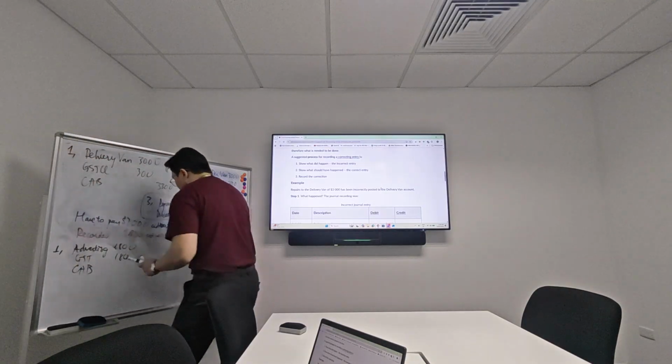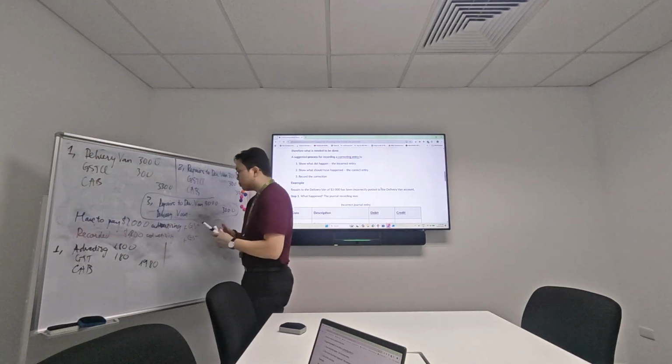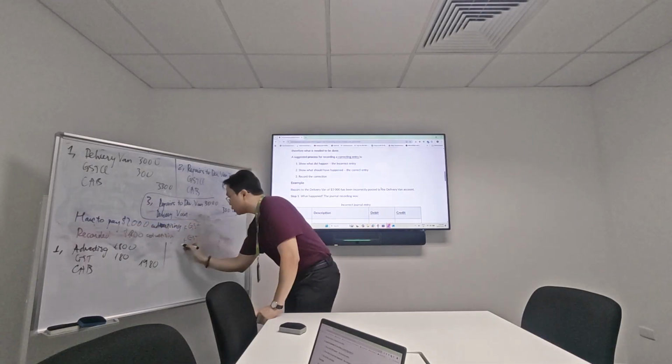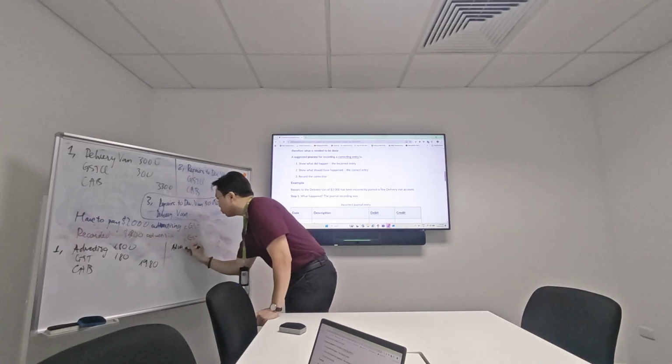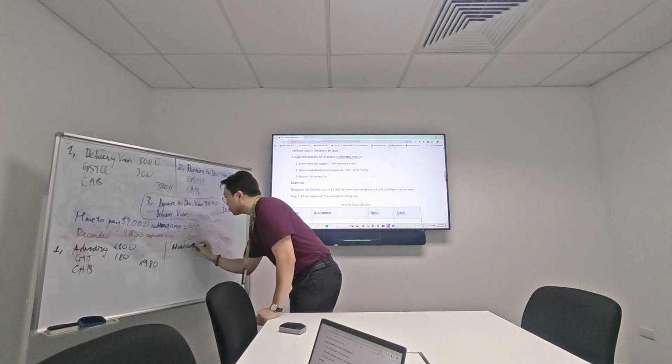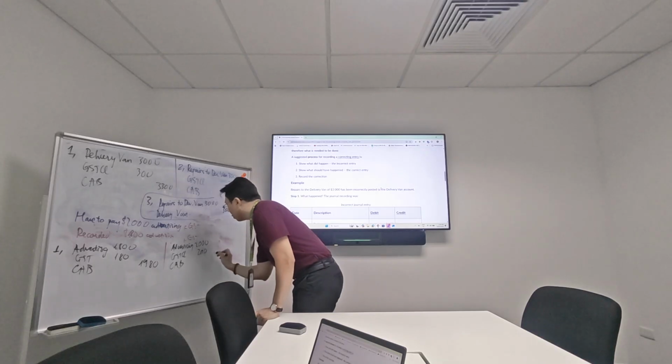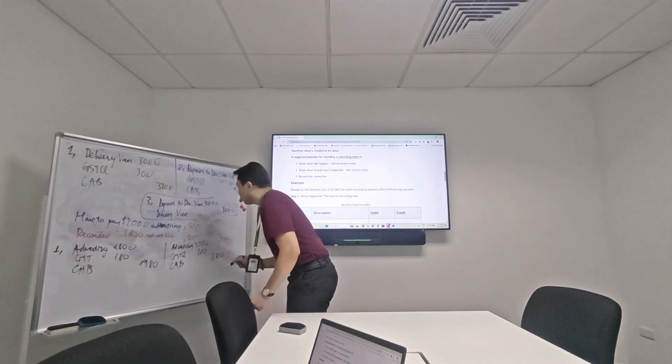The correct one is payment of $2,000 of advertising plus GST. So advertising would still be receiving money of 2,000. GST on top of that would be 200, and therefore cash at bank, the total would be 2,200.